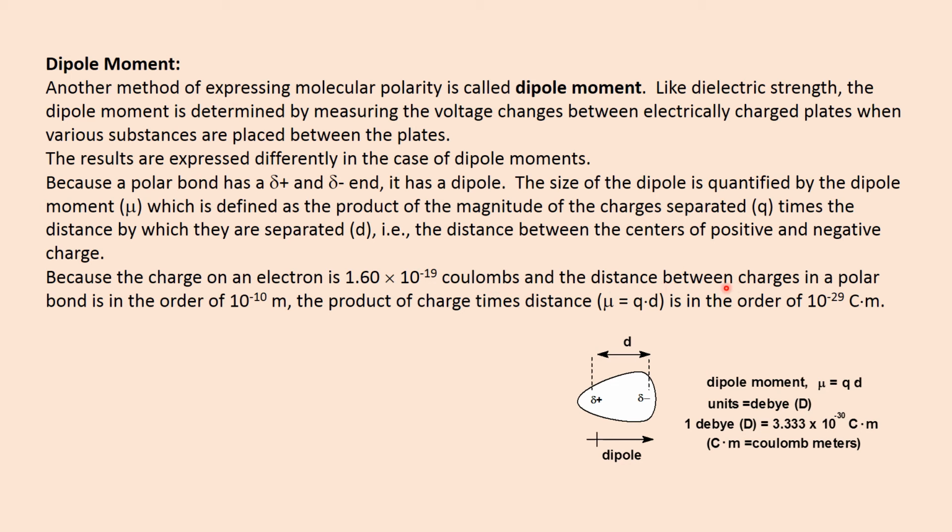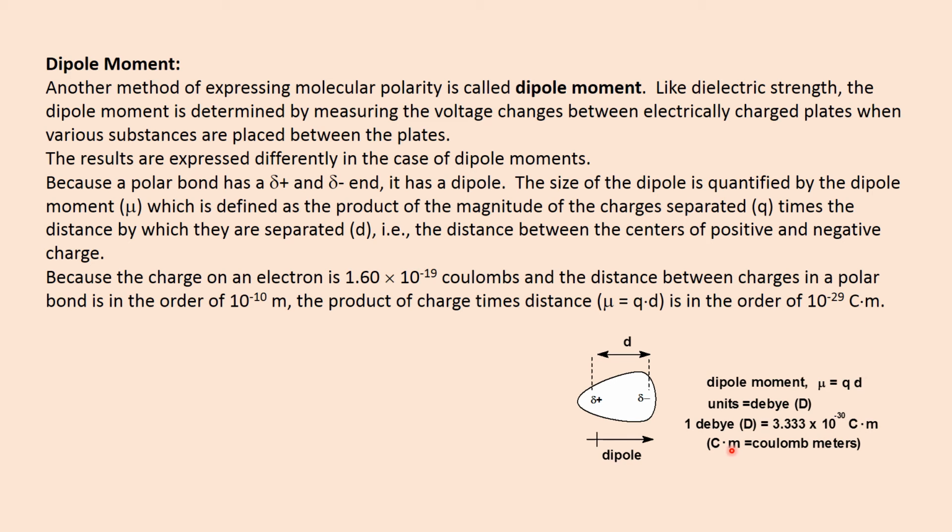The distance between charges in a polar molecule is very small, in the order of 10 to the minus 10 meters. When we multiply Q times D, we're going to get values that are very small, in the order of 10 to the minus 29 coulomb meters.